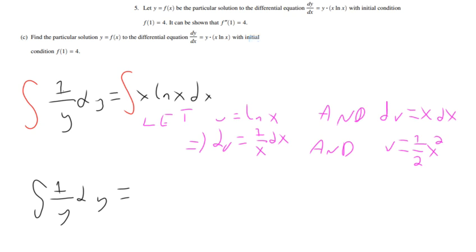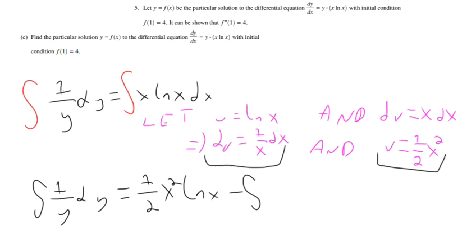So we have 1/2 x squared natural log of x minus the integral of v du. So let's see what we have here. We have v, which is 1/2 x squared, times du, which is 1 over x dx.